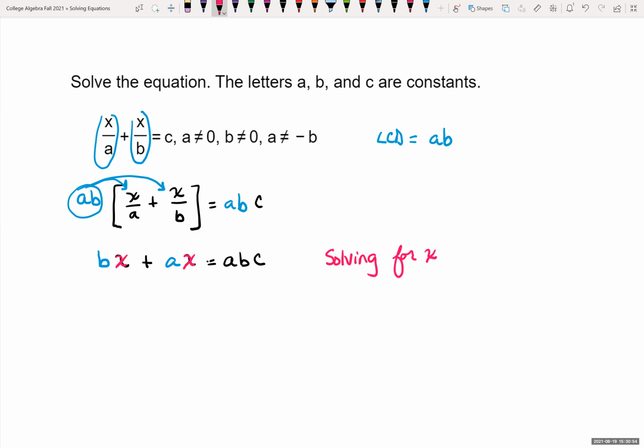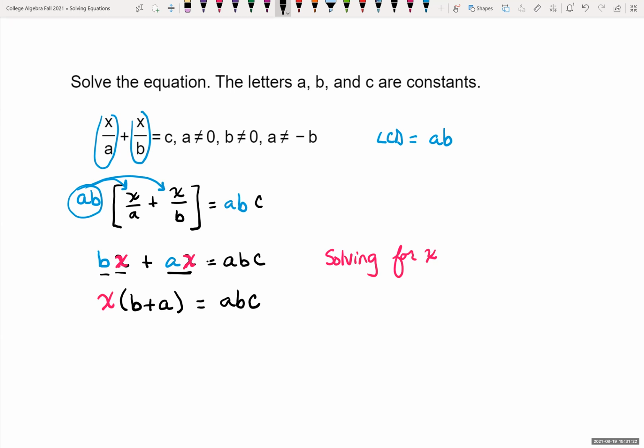But I do know that they both have an X in common and that I can factor it out of both of those terms. So we have X, parentheses. Well, I pulled an X out of this first term, I'm just left with this B, plus pulling out an X from AX, I'm just left with A. This is equal to ABC.